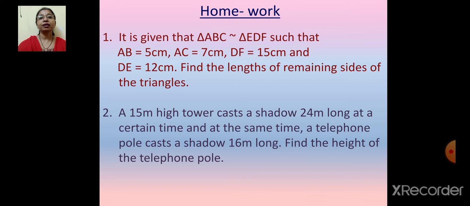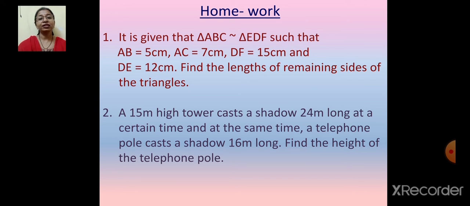So you will get two right angle triangles. Now first of all you have to prove them similar. How will you prove? As the pole and the tower both are perpendicular to the ground, so one angle is 90 degree, and they cast shadow at the same time.